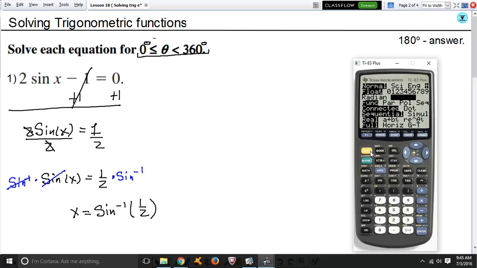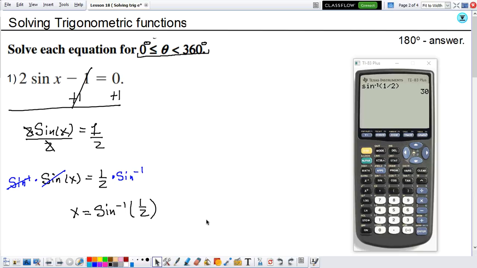Now that it's in degree mode, let's put that in. The inverse of sine is located in yellow on top of the sine. So we're going to press second, sine. And now we're going to put what it is that we want to find the inverse of, 1/2. So our answer is nothing more than x is equal to 30 degrees.